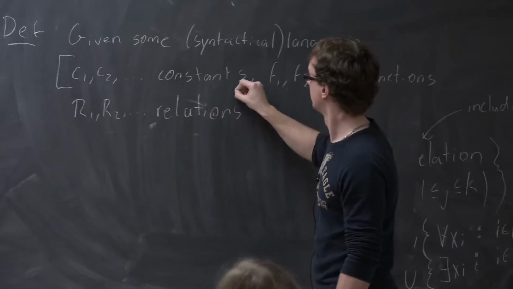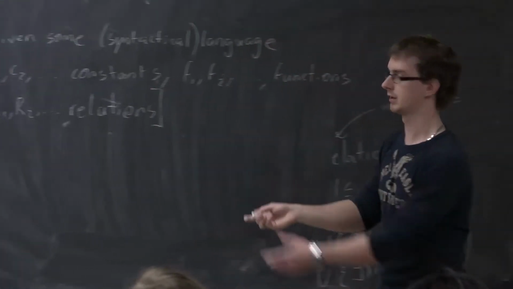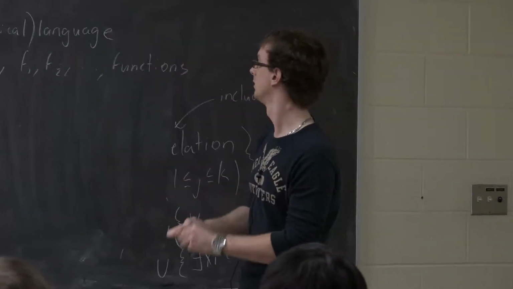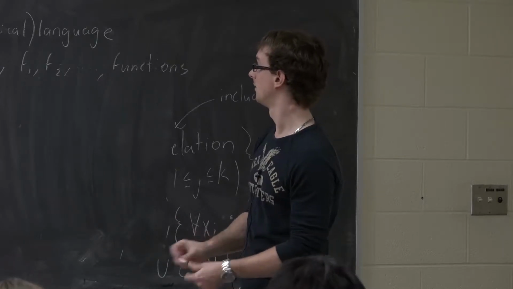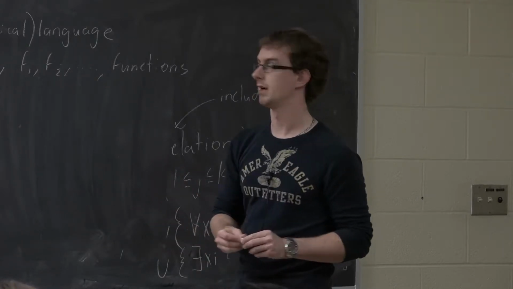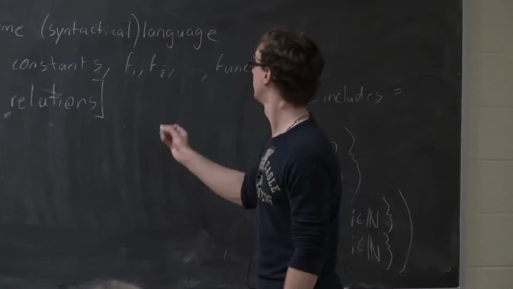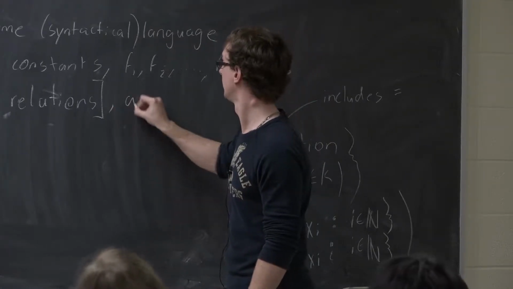And these, again, are purely syntactical. These are just symbols that reside in our world. And we're given these symbols, and now what we want to do is define a structure.